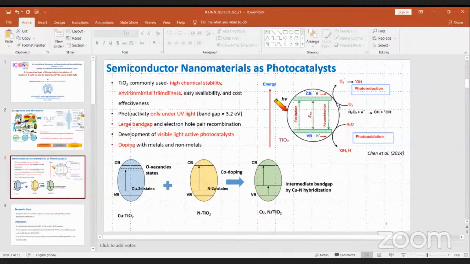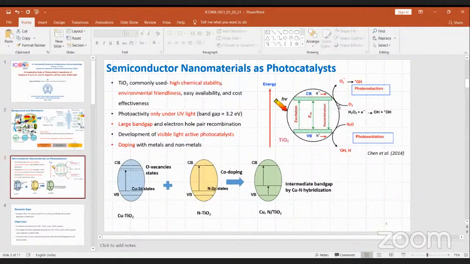So development of visible light active photocatalysts is a subject of extensive research nowadays. There are various methods. One such method is doping with metals and non-metals onto the TiO2 lattice, making it a visible light active photocatalyst. One such metal is copper, and one non-metal ion is nitrogen, where when we dope these, an intermediate band gap is formed in the TiO2 lattice, thereby reducing the band gap of the catalyst.